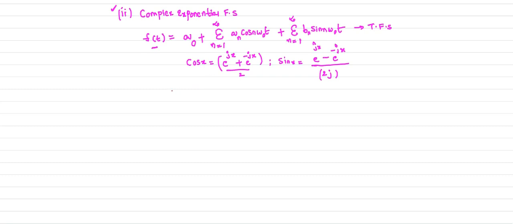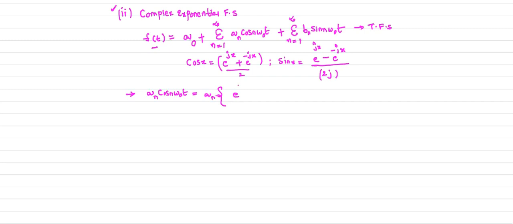Now based on these equations, I can write my first term, which is your an cos n omega naught t, like this. So an times what is cos x?